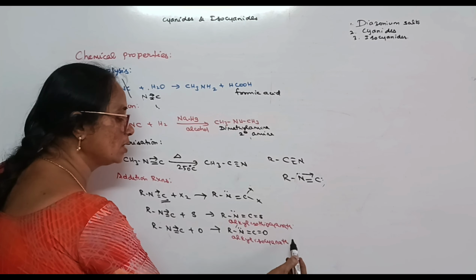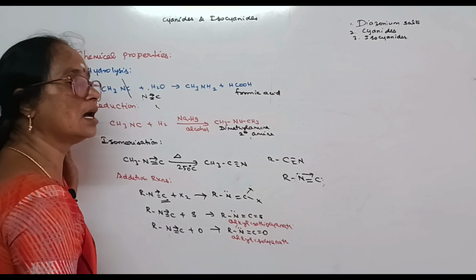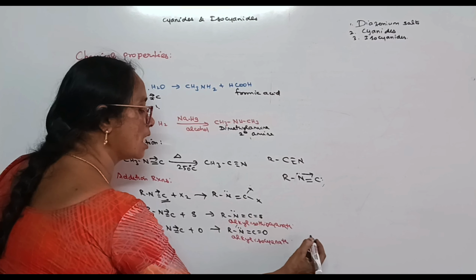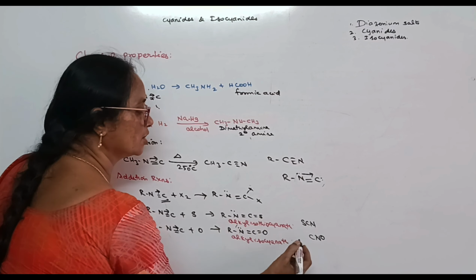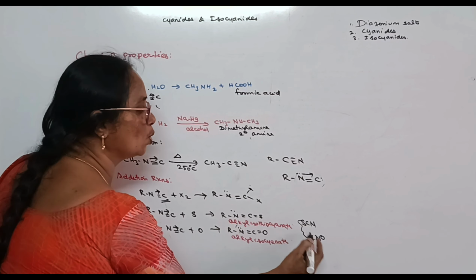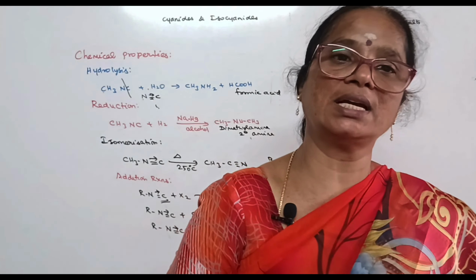So this isothiocyanate and isocyanate are also the isomers of cyanate and thiocyanate. So these two are thiocyanate, cyanate. This is the isomer of isothiocyanate. This is the isomer of isocyanate. That's all the chemical properties of isocyanides.